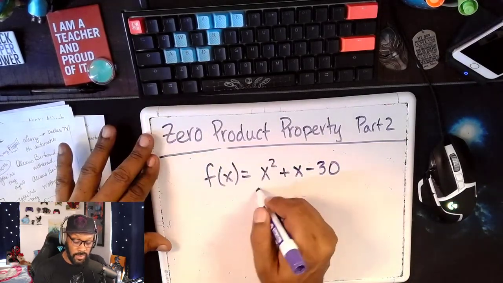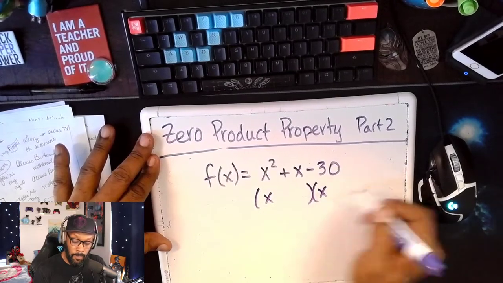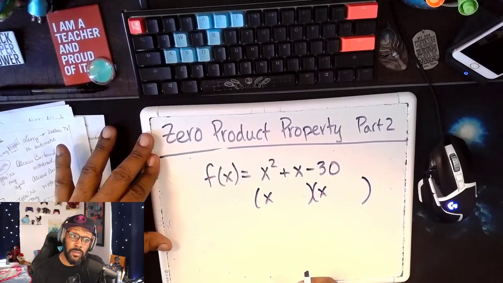If we were to factor this, what would you get? Tell me what you got.